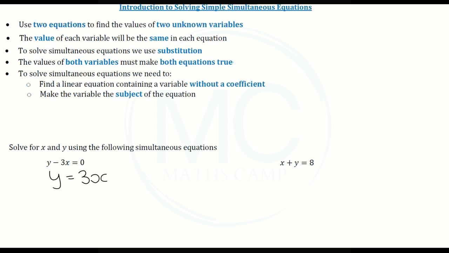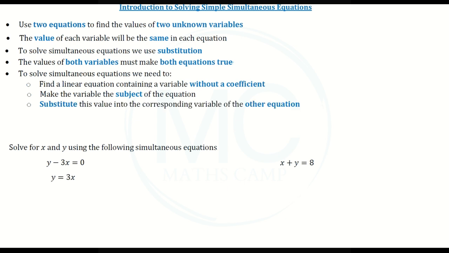The next step is to substitute this value into the corresponding variable of the other equation. We've just said that y is equal to 3x. So on this side, we're going to say x plus, instead of writing y, we can write 3x, and we make this equal to 8.